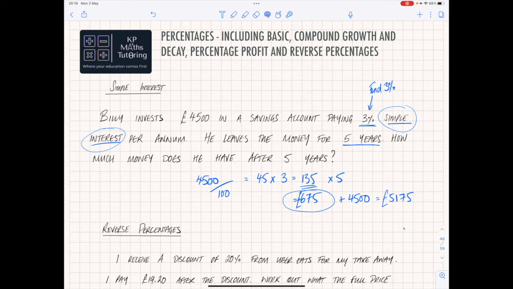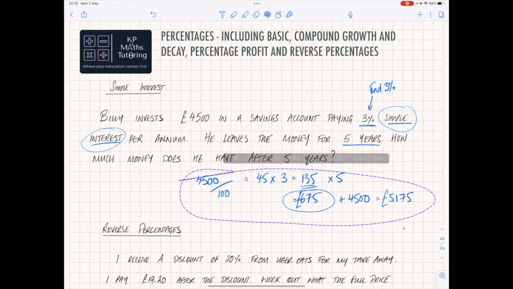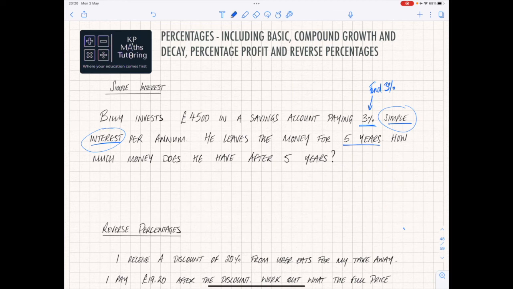And the other way you could do it is you could say you're going to do 4,500. If you want to look at this idea of using a single multiplier, to find 3% of something, you times it by 0.03. If it was asking you to find 10%, you times it by 0.1, 15%, 0.15, so 3% is 0.03.